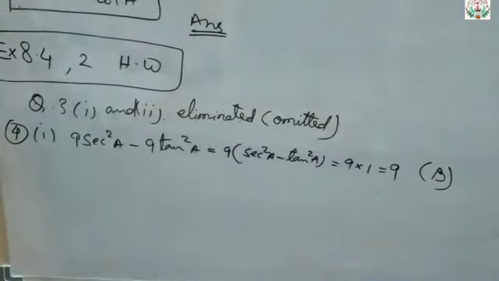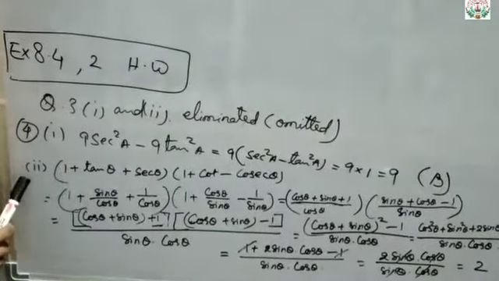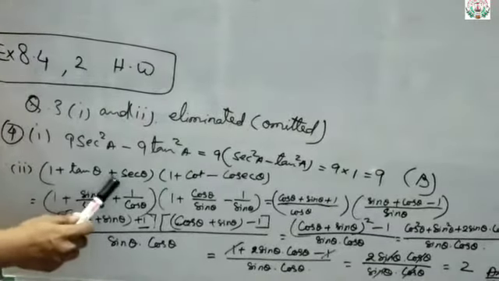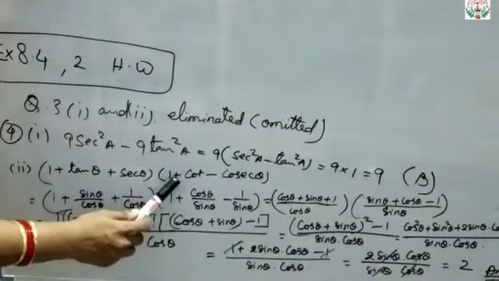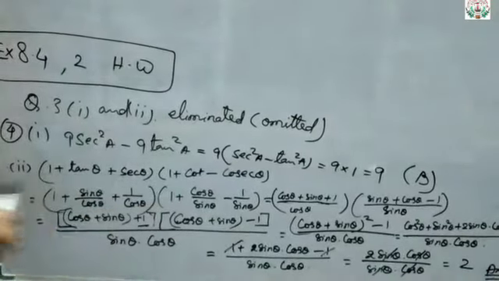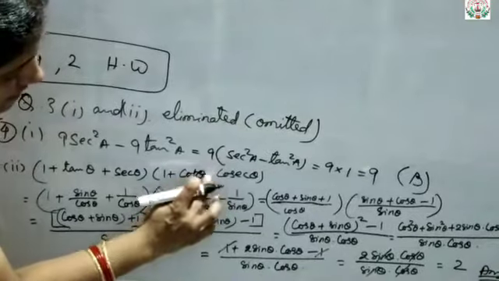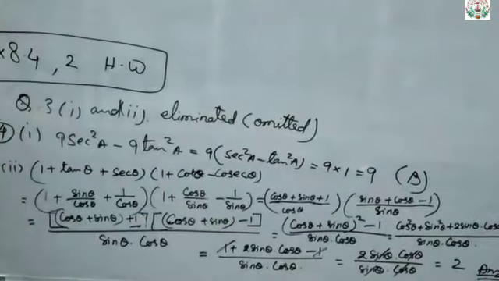In the same way, you can see the fourth question, second part, that is multiple choice. The second question is 1 plus tan theta plus sec theta, into 1 plus cot theta minus cosec theta.